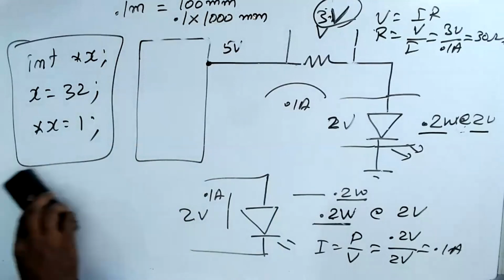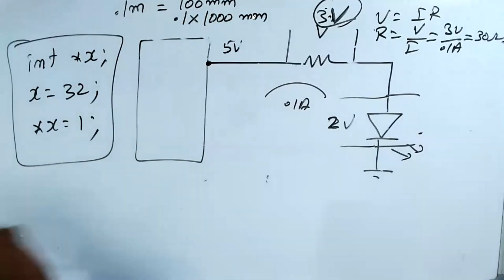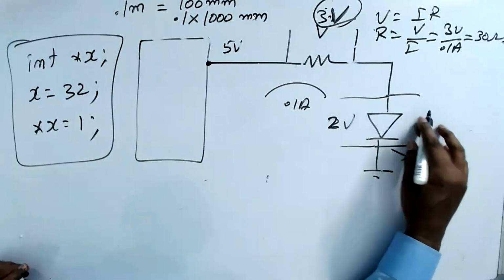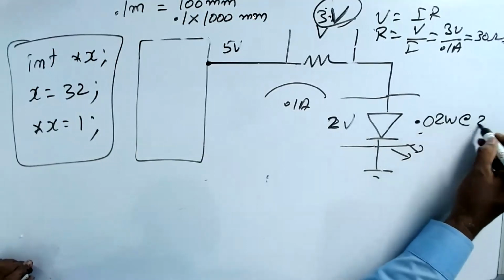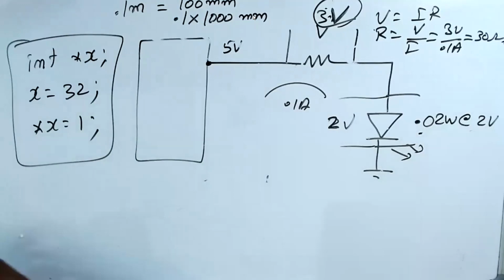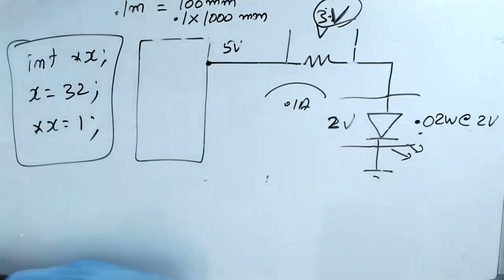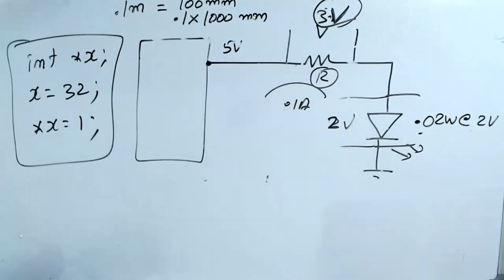Now I'm telling you that this guy gives you 0.02 watts at 2 volts. 0.02 watts. Then what is the value of R? That has to be understood by us.